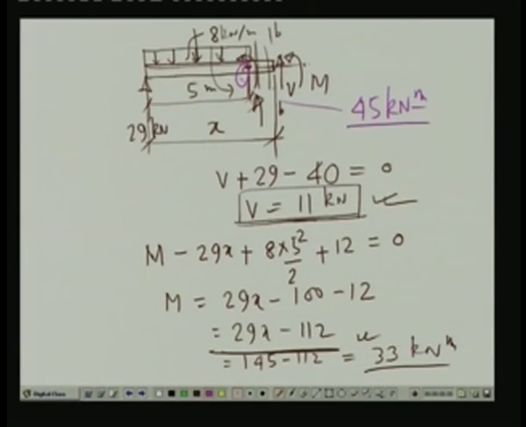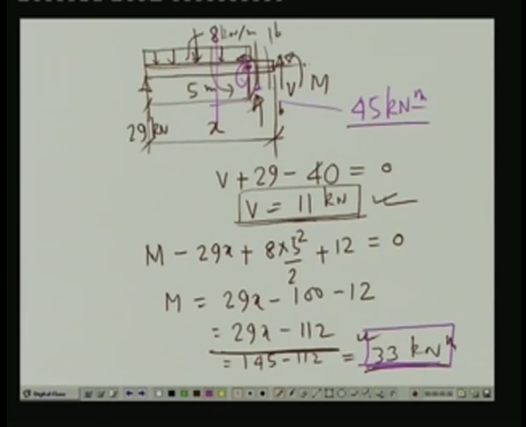Now, that was the limiting point. From this end we had considered a section, the section was valid up to this particular end where the concentrated moment is applied. Now, immediately after this concentrated moment, when we take the effect of this concentrated moment, we find that the moment value has come down to 33 kilonewton meter.